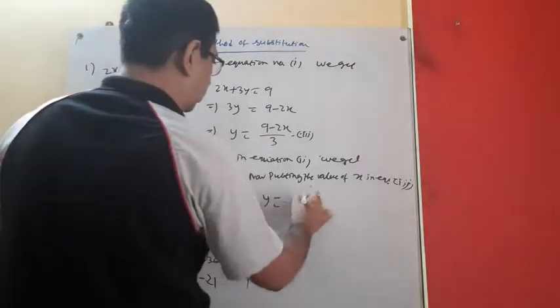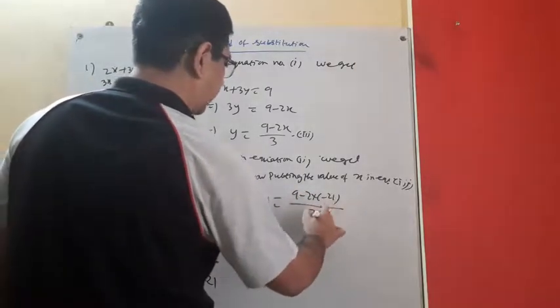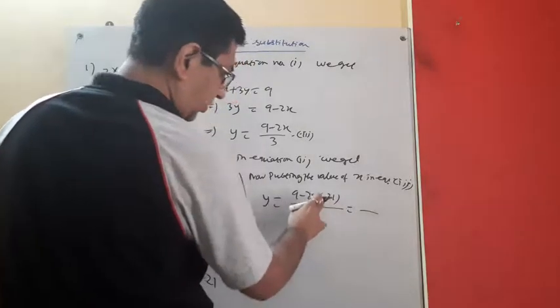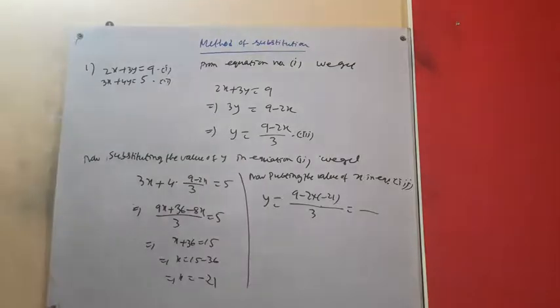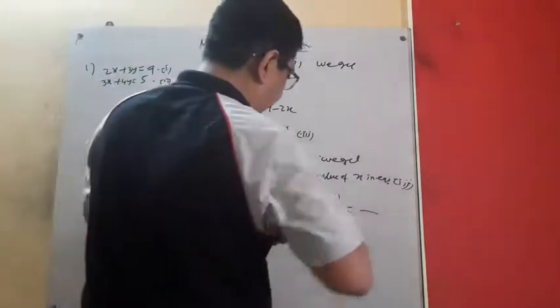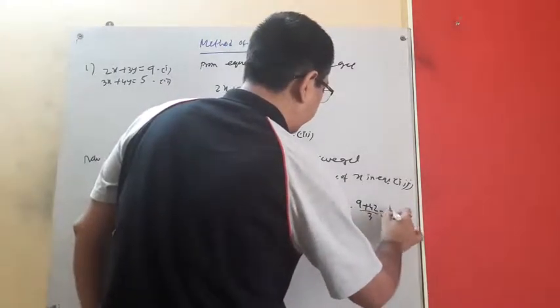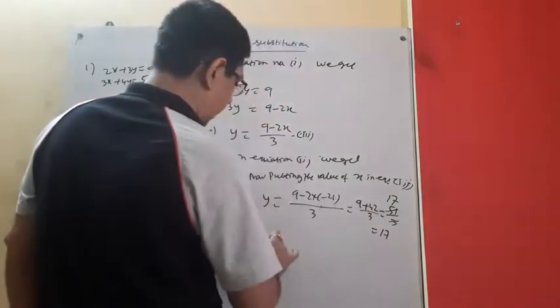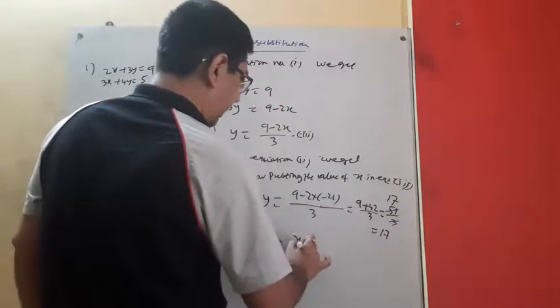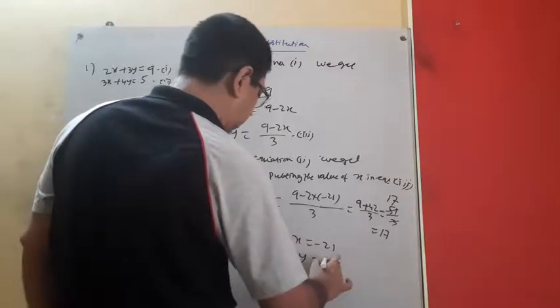So y equal to (9 minus 2 into minus 21) by 3. Please check the calculation. Okay, so we get (9 plus 42) by 3, that is 51 by 3, which is equal to 17. So the answer: x equal to minus 21 and y equal to 17.